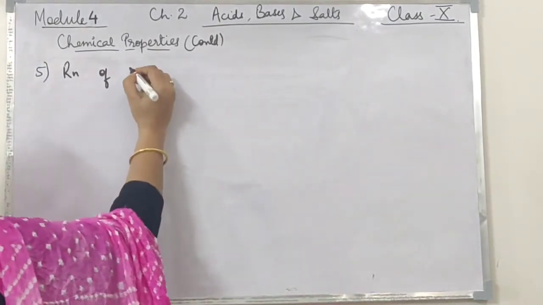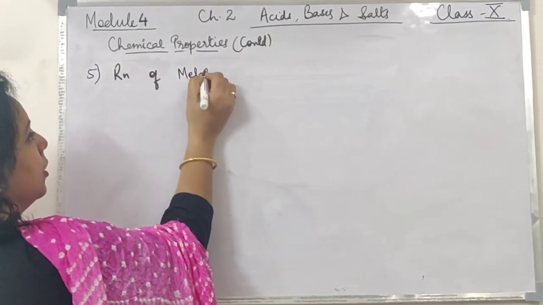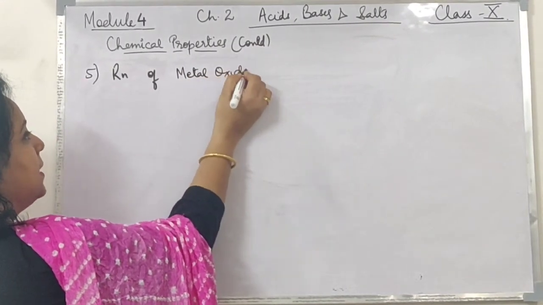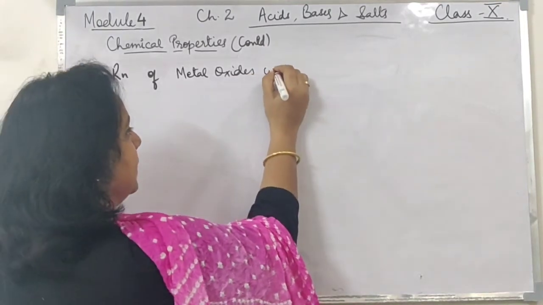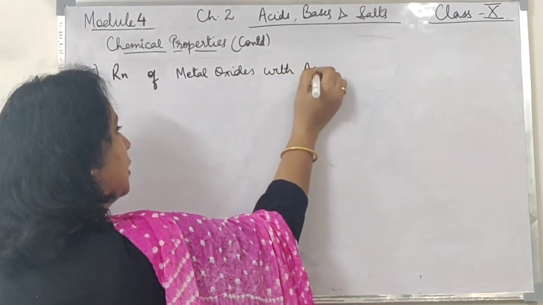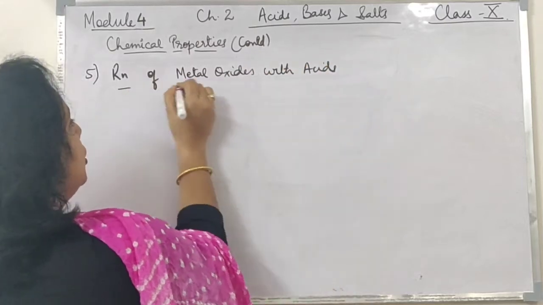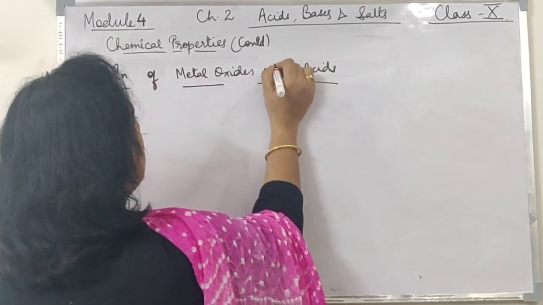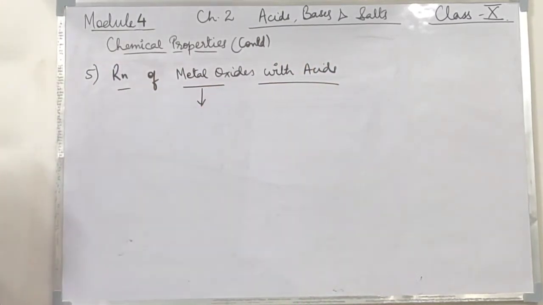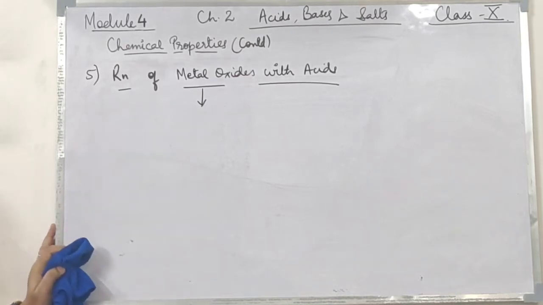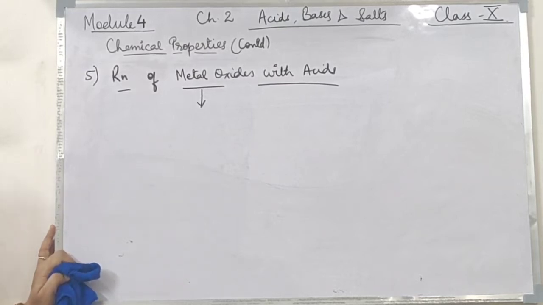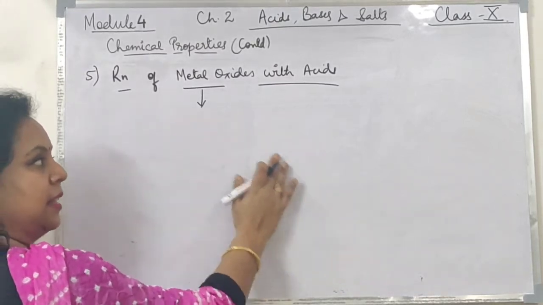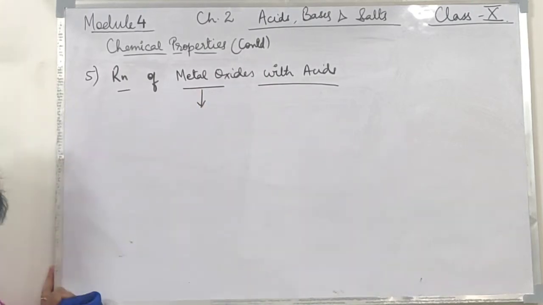The reaction of metal oxides with acids. Reaction of metal oxides. Now children, metal oxides are what type of oxides? Can you guess? Now I can give you a hint. This reaction is related to the previous reaction.